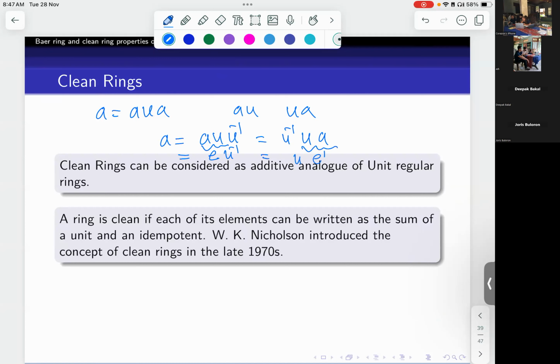So you can write a as a product of an idempotent and a unit. What comes first doesn't matter, but you can always write a as a product of an idempotent and a unit, and that is another definition of unit regular rings.